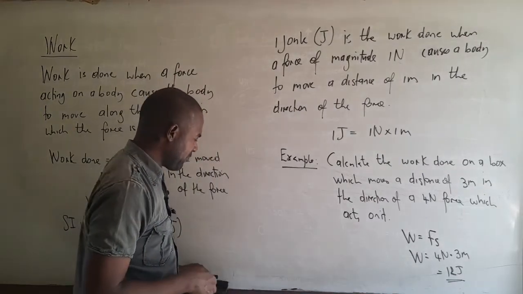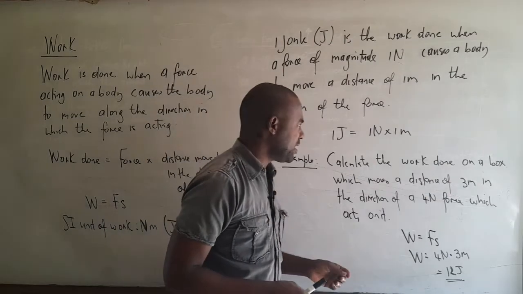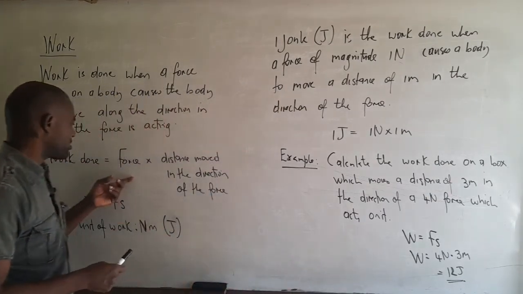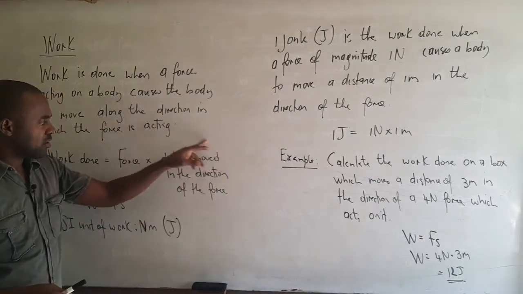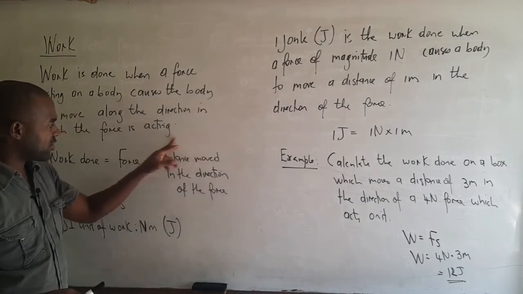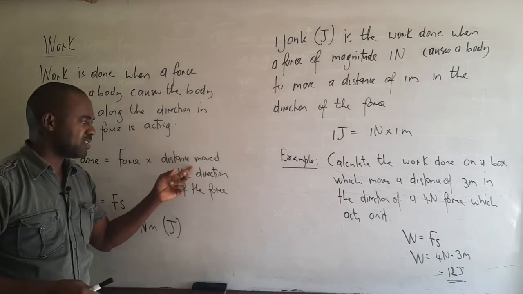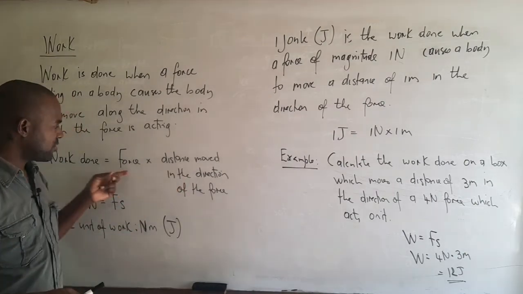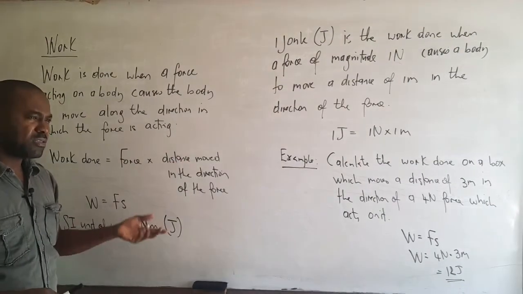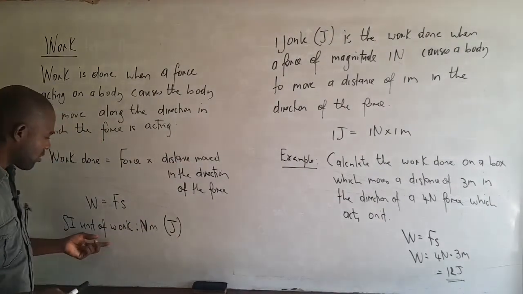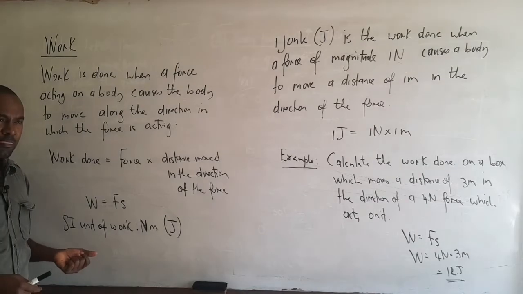Now, if you look carefully, we see that work is obtained by multiplying force by distance moved in the direction. If we talk about distance moved in the direction of a force, then this basically becomes the displacement. So force is a vector, displacement is a vector, but of course when you multiply them together, you get work, which is of course a scalar, right?